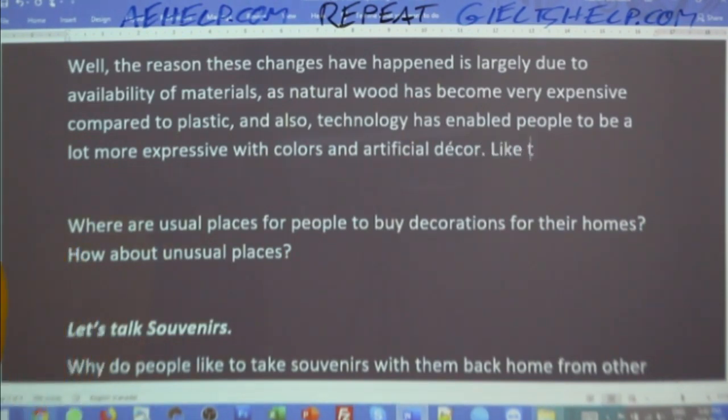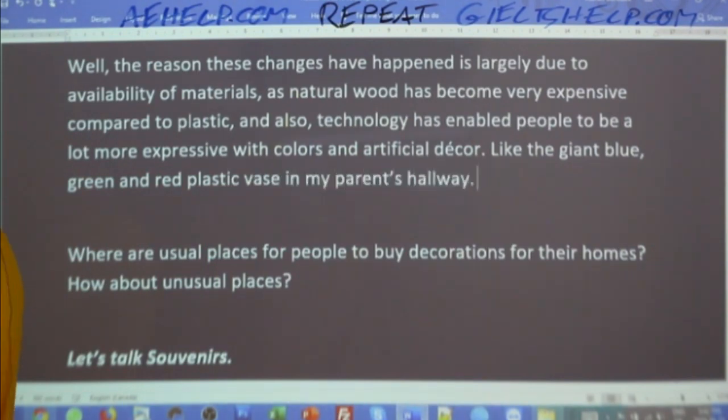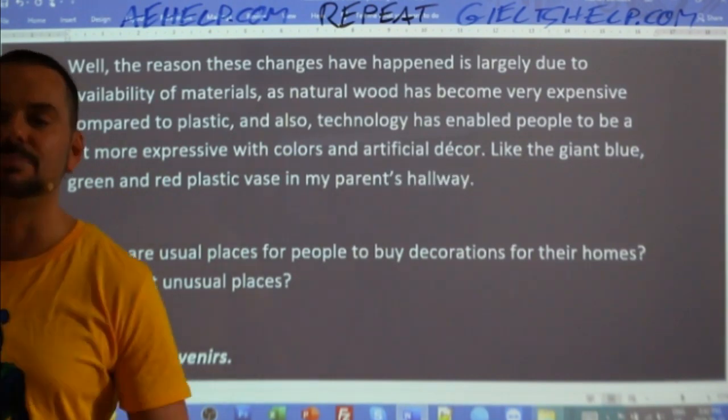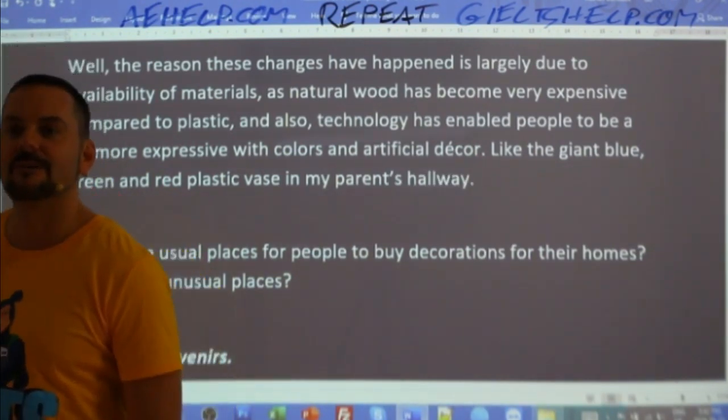Like the giant blue, green, and red plastic vase in my parents' hallway. Okay, let's throw an example in there. Strengthen that response. All right.